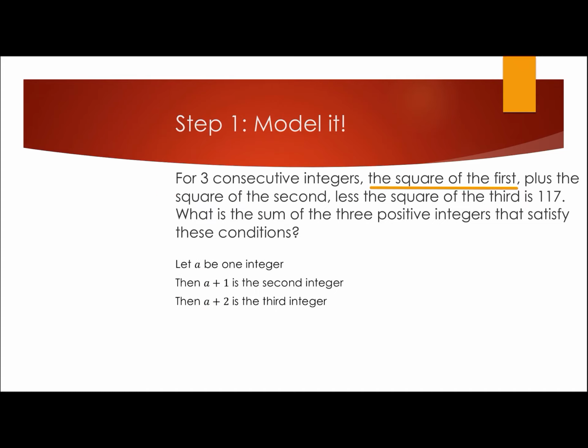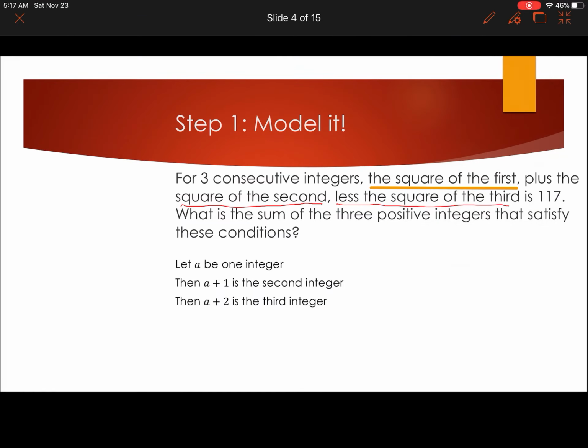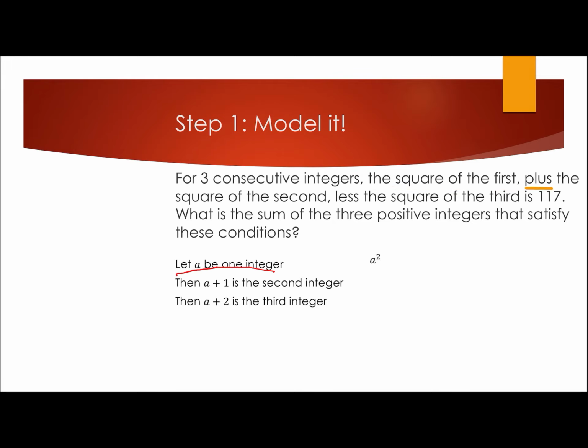Now, it says the square of the first plus the square of the second less the square of the third. Okay, so we're going to model that right now. The square of the first, that's a squared. This is the first integer. Plus, put a plus sign. The square of the second, that's a plus 1 squared. Less, that's minus.